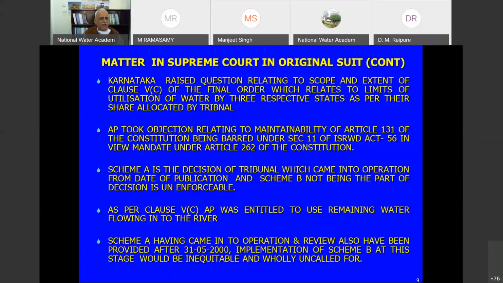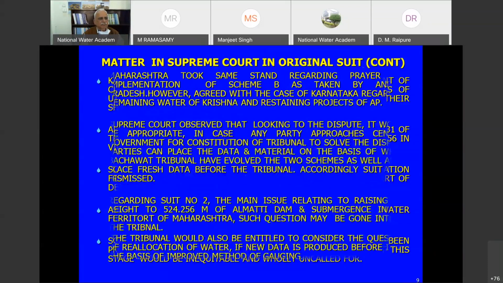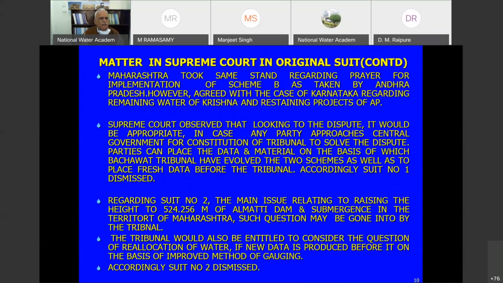Further argument was Scheme A had come into operation and review also have been provided after 31/5/2000. Implementation of Scheme B at this stage would be inequitable and wholly uncalled for. Maharashtra took same stand on implementation of Scheme B as taken by Andhra Pradesh.